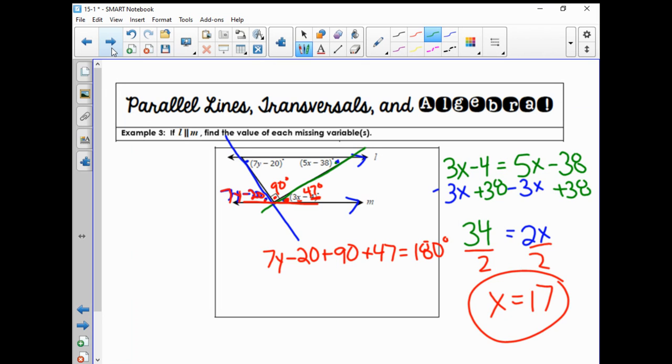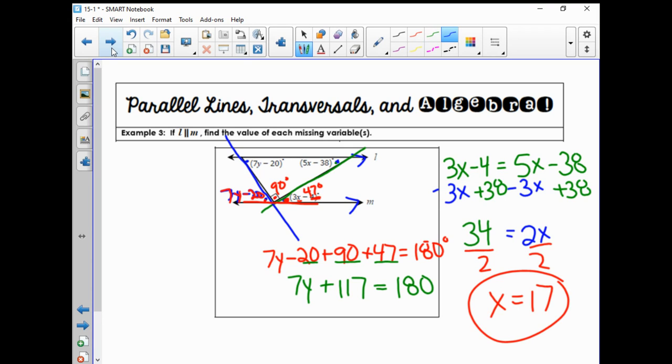And let's combine some like terms and solve. 7y, so negative 20 plus 90 is 70. 70 plus 47 is 117, I hope. And that is equal to 180. I'm going to quickly check that. 90 minus 20 plus 47 is 117.